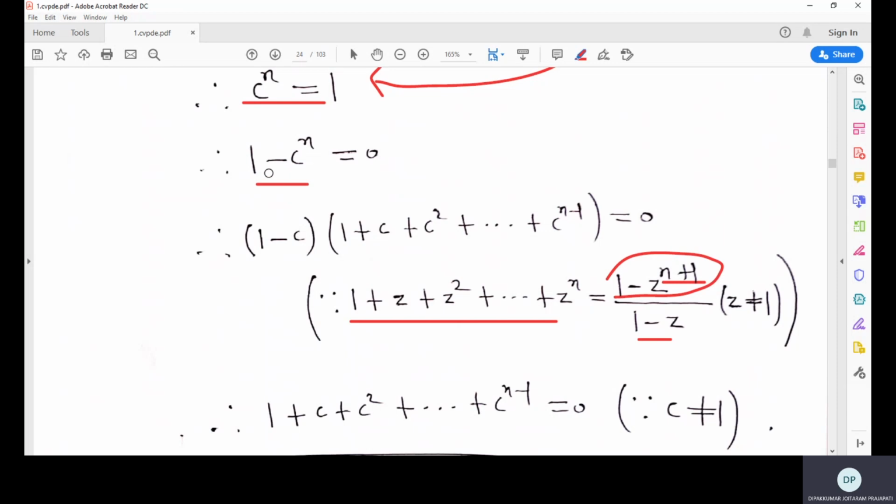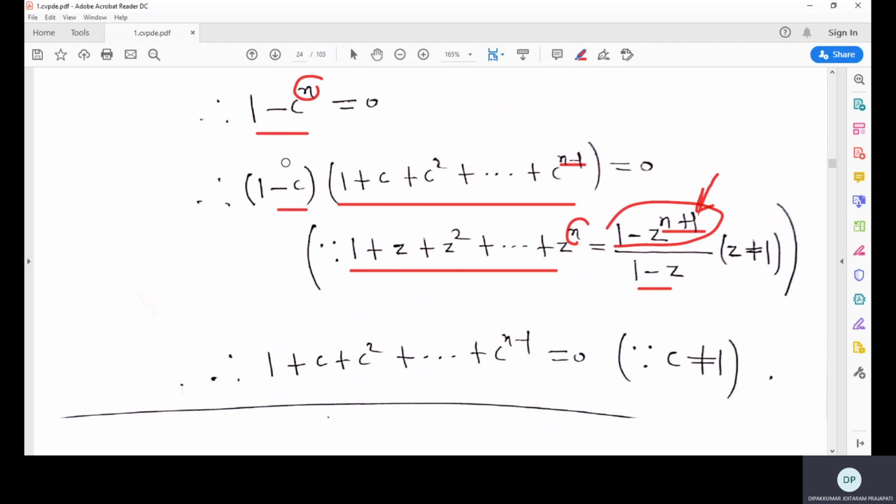So 1 minus c raised to n equal to 1 minus c into 1 plus c plus c square up to c raised to n minus 1. Keep in mind here there is the nth power of c, so we are going up to c raised to n minus 1.